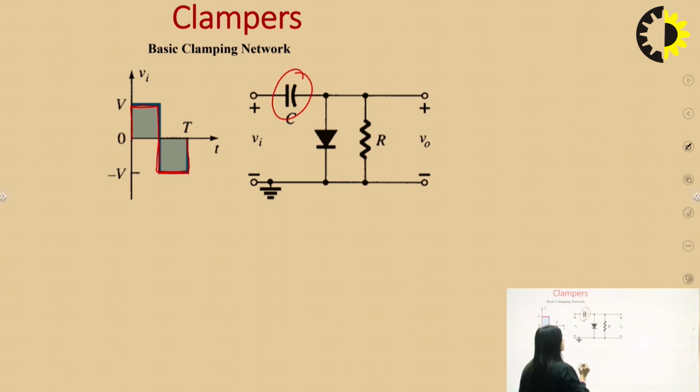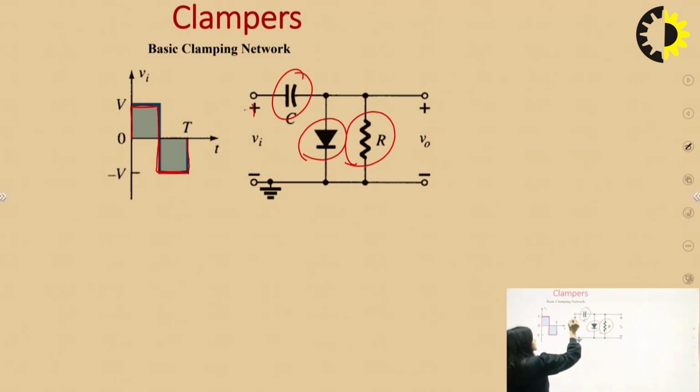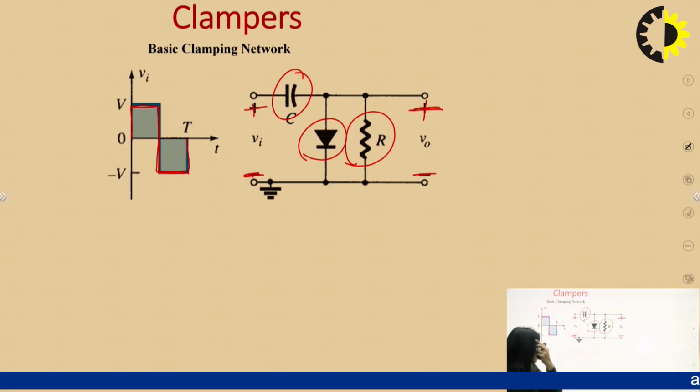I have one diode and I have one resistance. Sign conventions are very important. We will take this as plus, this as minus. Output we will take as plus here and minus here. For all the numericals, we will follow the same sign conventions of the clamper circuit, right? Okay. Now we will start doing the numerical.